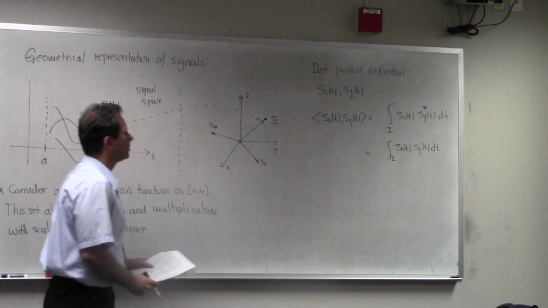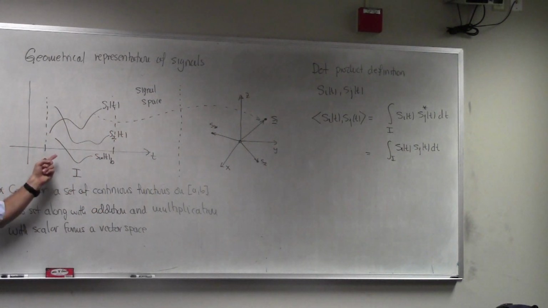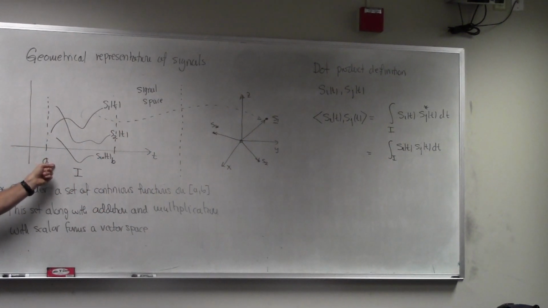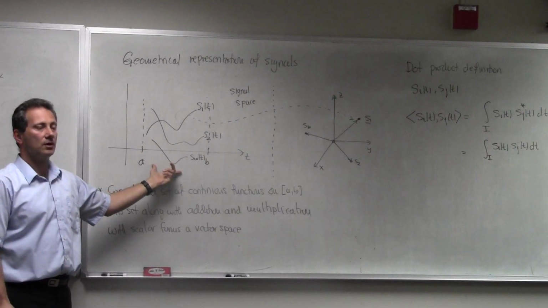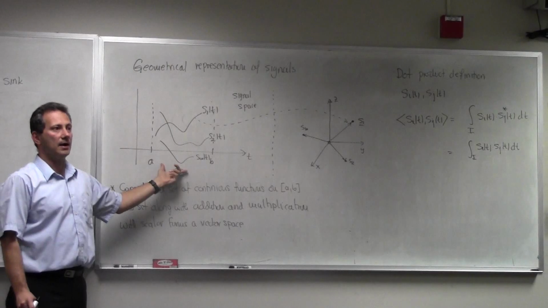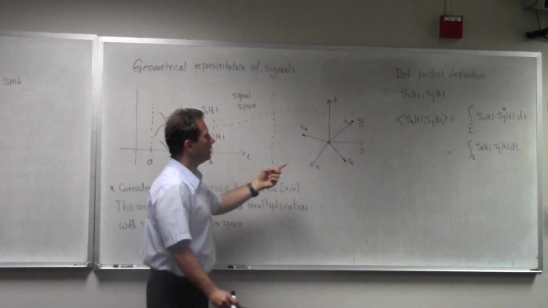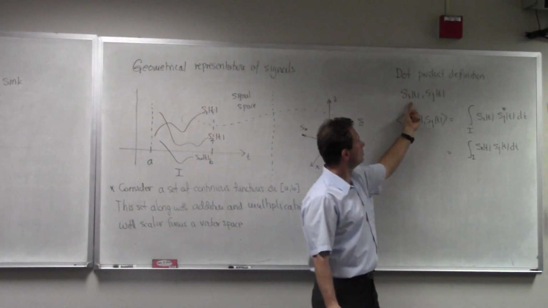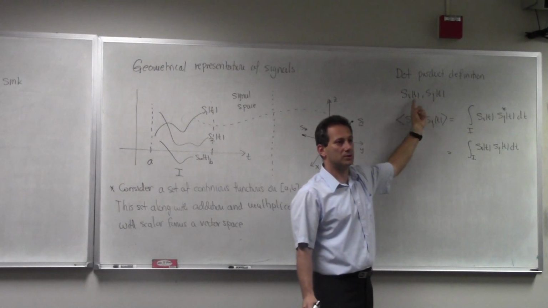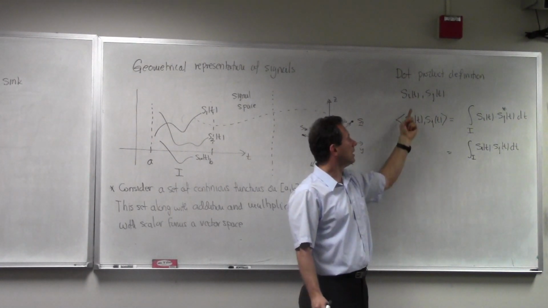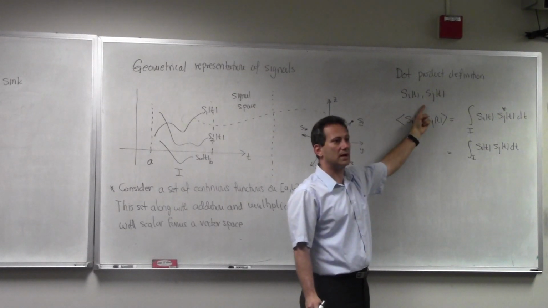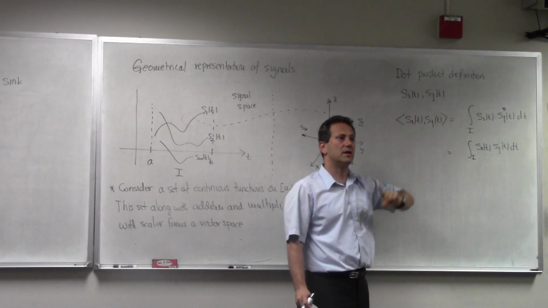So how do I take the dot product between two functions? I take the first one times the second one, and I integrate that over an interval I. Dot product takes these two elements, which are functions, but which I can call vectors in this vector space, and for every pair of them it gives me a single number.